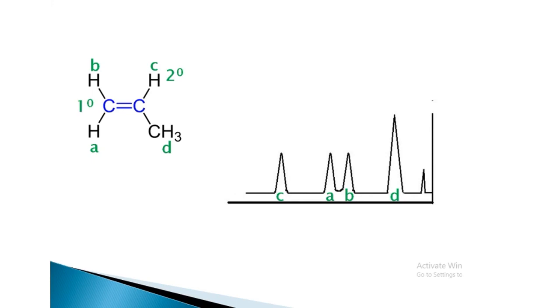To give you a rough idea of the values here, the C hydrogens would peak at around 5.5 ppm. This is just to give you an idea how powerful the shifting effect is due to the double bond. Notice the C hydrogens would be almost halfway on the chart, because the chart runs from 0 to 10. The A and B hydrogens peak at around 4.5 ppm, and D hydrogens would peak at around 1.7 ppm.